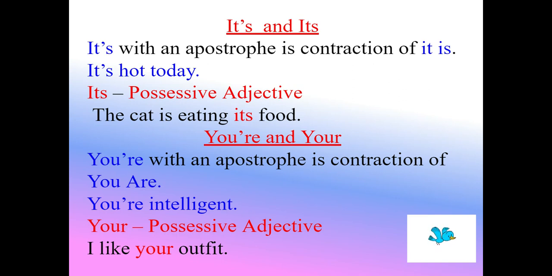I'm talking about your outfit, possessive form. Please be very clear with it. Pause the video, go through it once again. Try to frame some sentences of your own to make yourself clear with the topic.